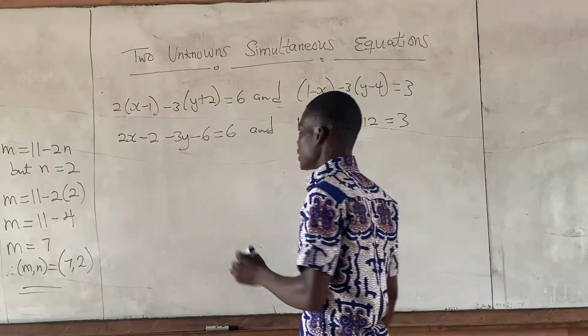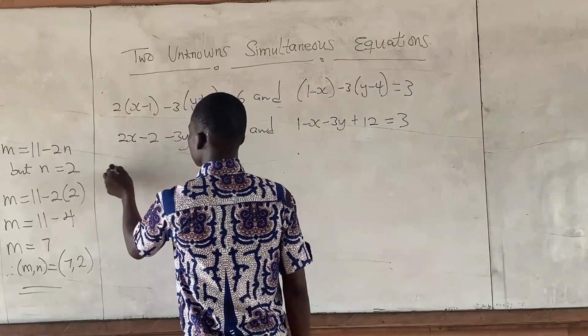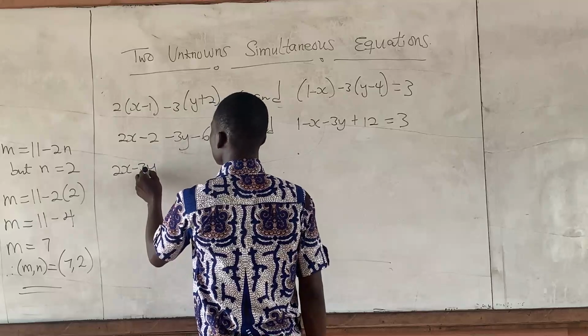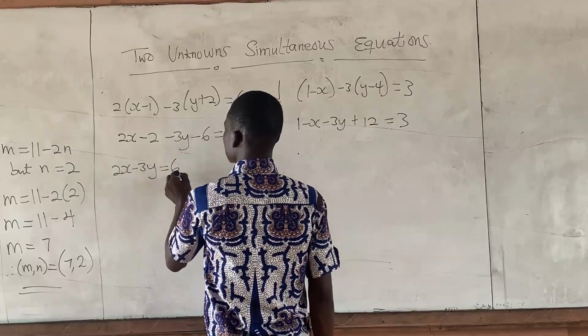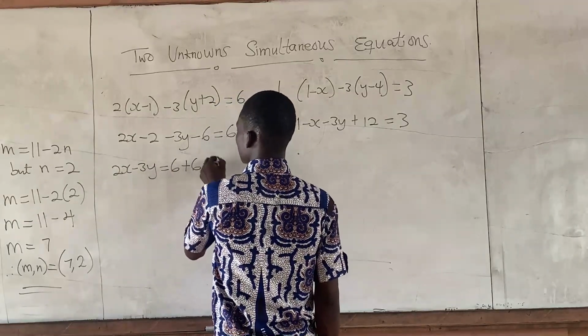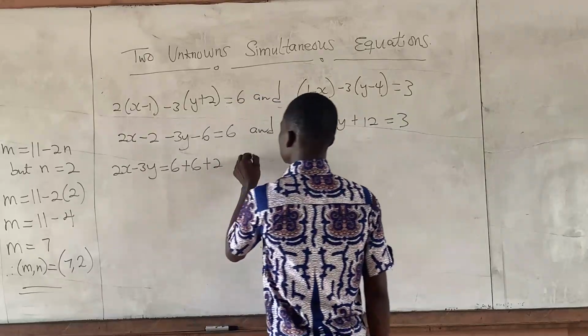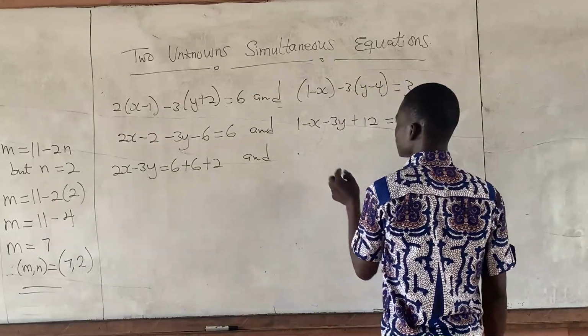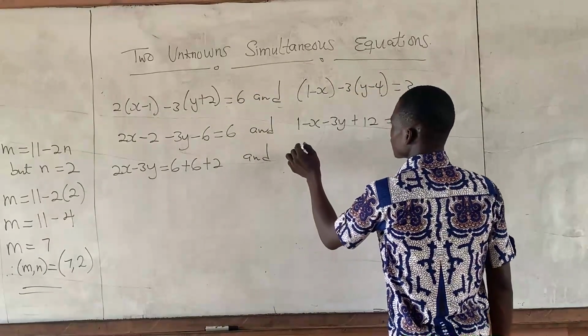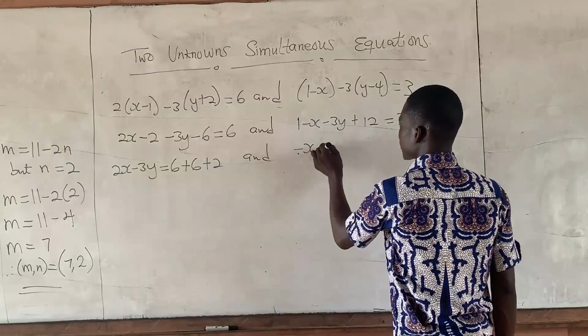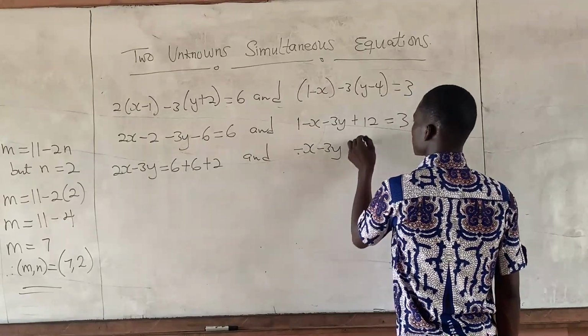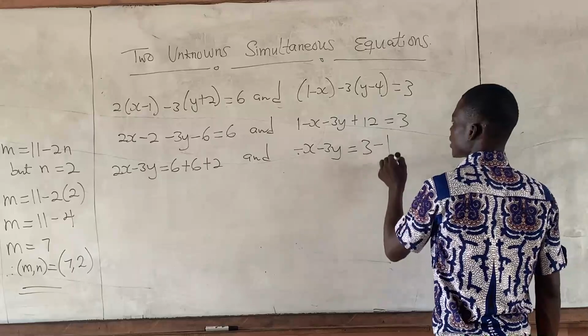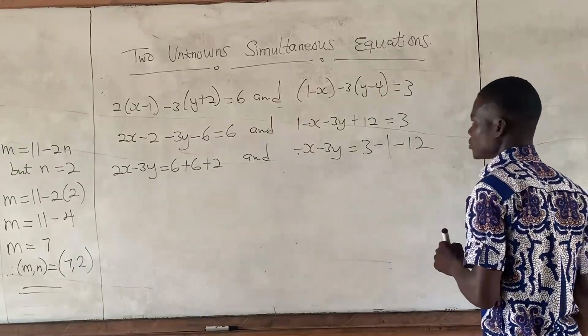So on this note, let's simplify the terms. We have 2x minus 3y equal to 6 plus 6 plus 2, and we have minus x minus 3y is equal to 3 minus 1 minus 12.